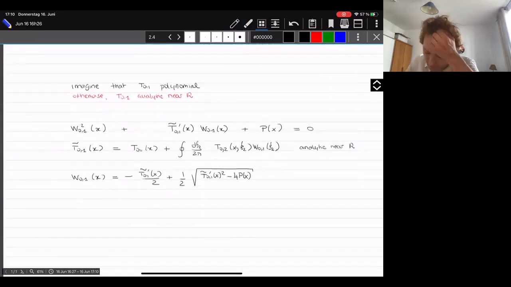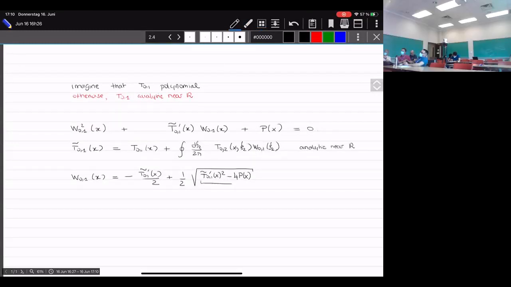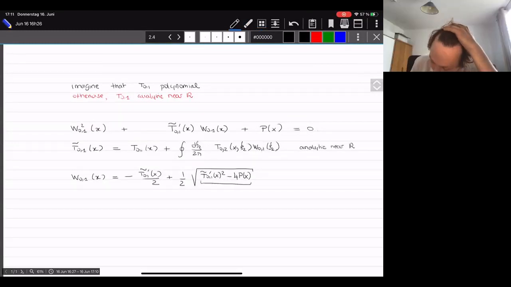Okay. So I cannot say that I have computed W01 because I still don't know this p, and even in T tilde 01, there's a W01 involved. But I know what's inside the square root is analytic. Therefore, on the real axis, it's going to have isolated zeros.